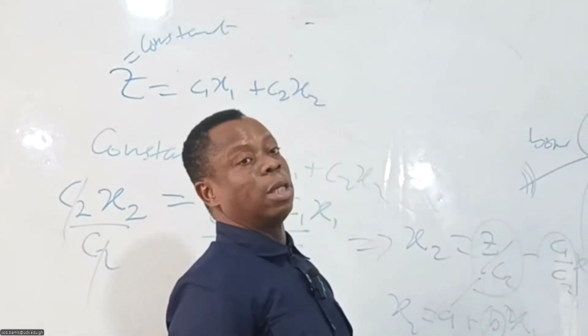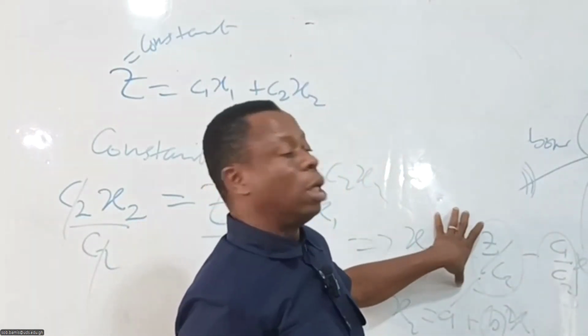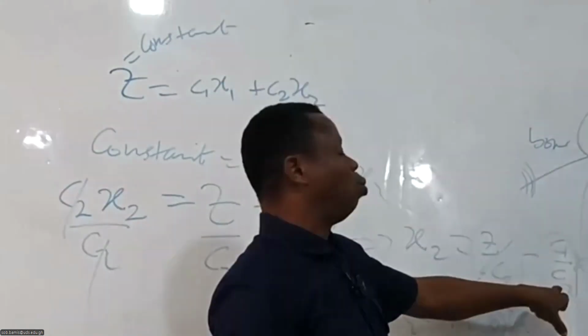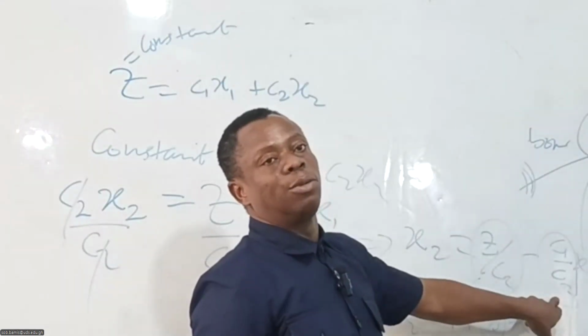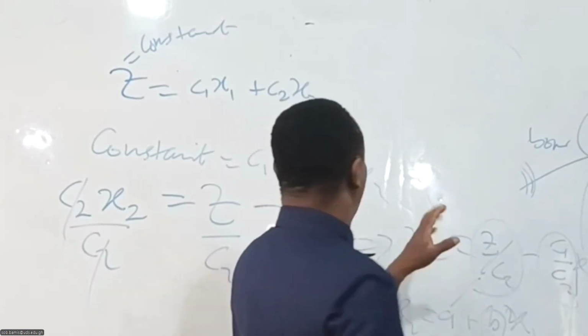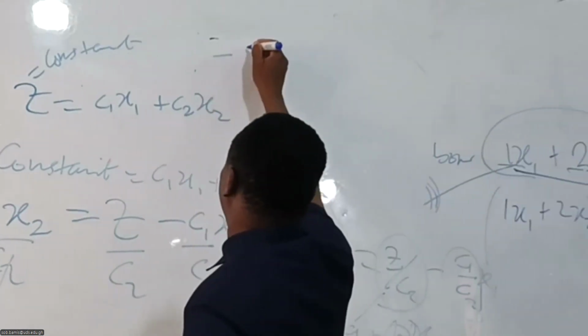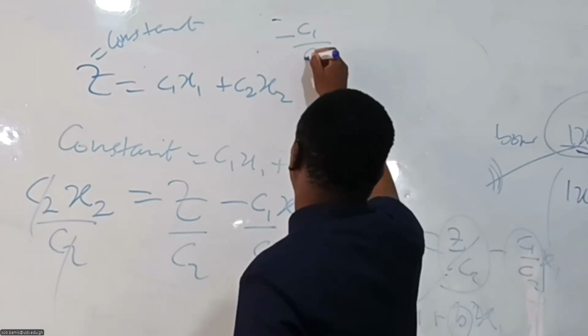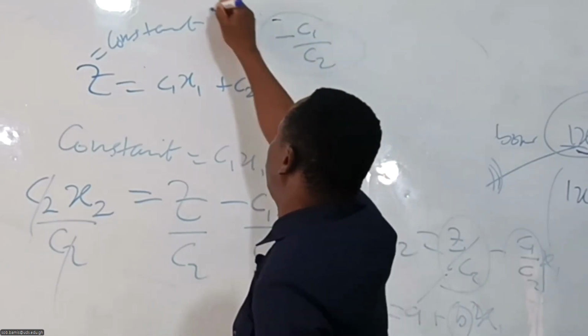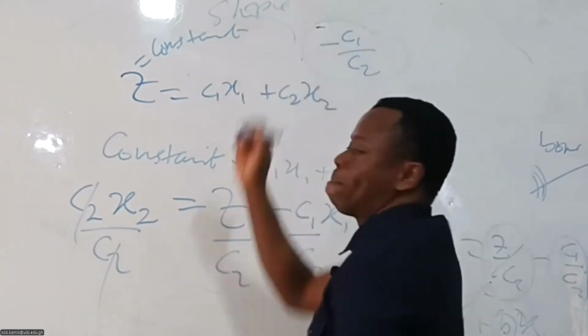So in other words, for this particular equation, the slope of the isoprofit line is negative C1 over C2. This is the slope we are looking for.